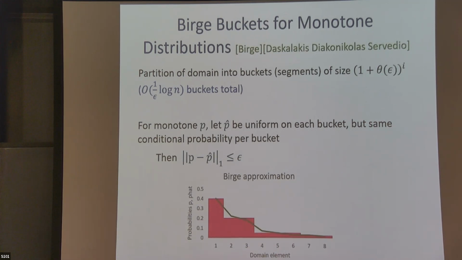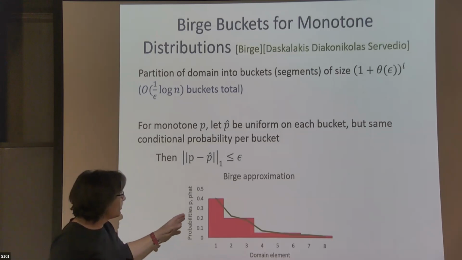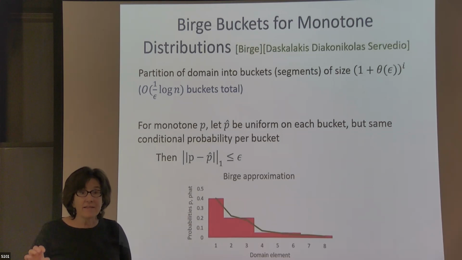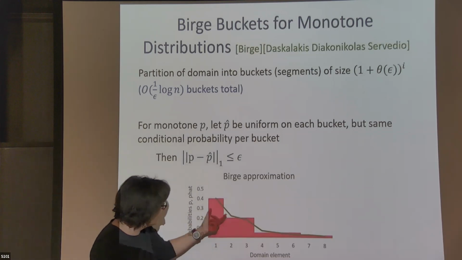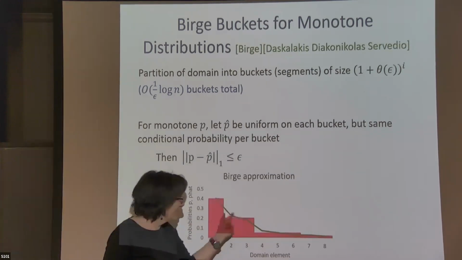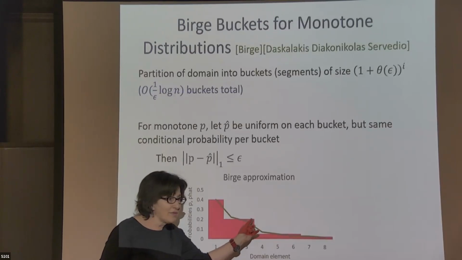And then what Birgé showed, and what these guys showed extends to the discrete case, is that for monotone distributions P, if you take P hat, what P hat does is it assigns the same weight to each partition, but then spreads it out uniformly. Let's say this was P. Here's a partition, spread it uniformly. Here's another partition, we're spreading the total weight uniformly.